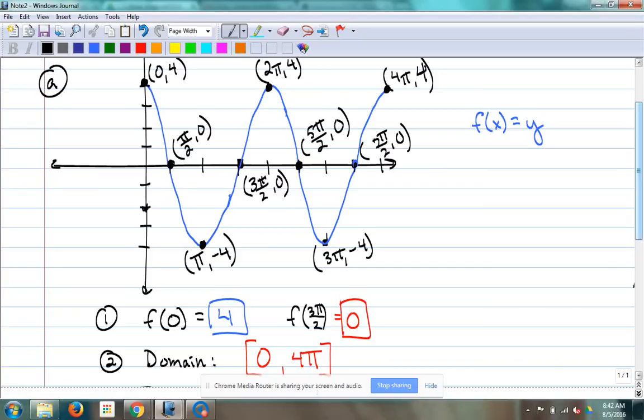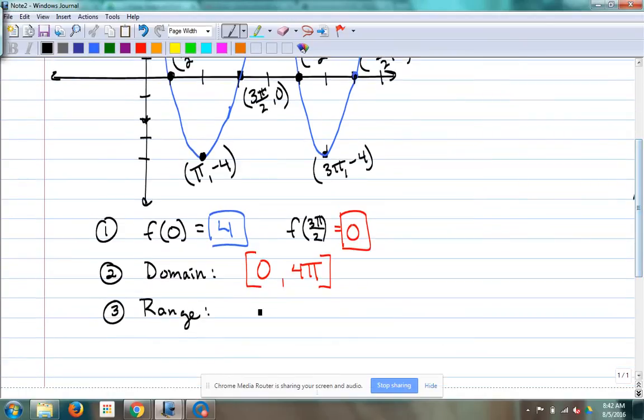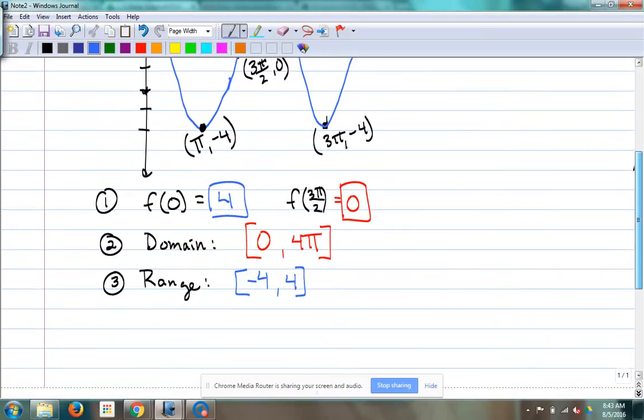And then you go up here, and your 4 is the highest all the way across there. So our range would be from -4 to 4. Brackets or not? Yes, because they're part of the graph. They are included. All right, good, not too bad.